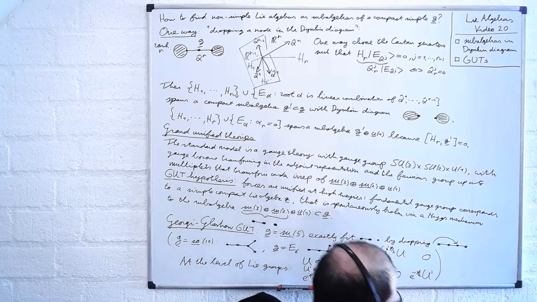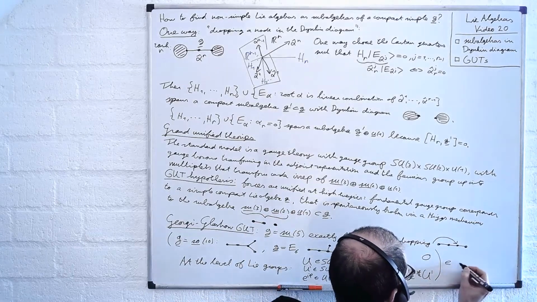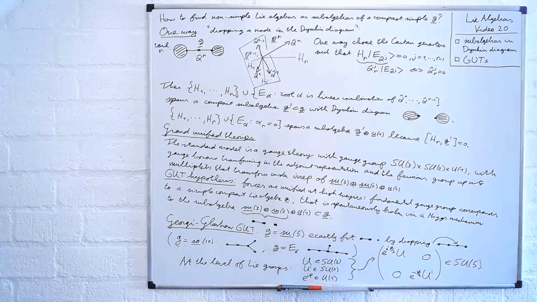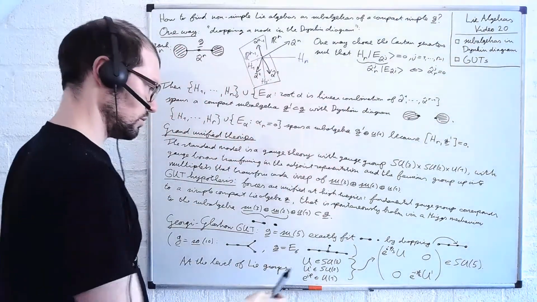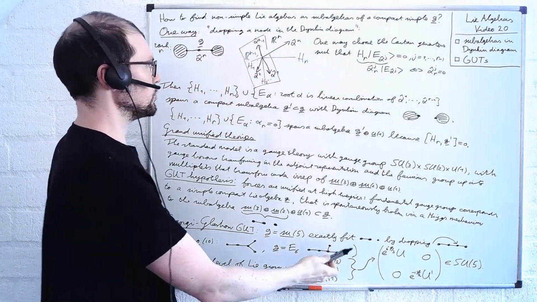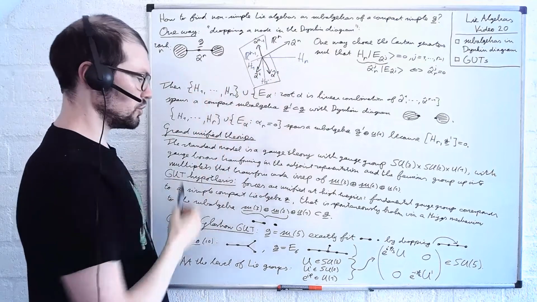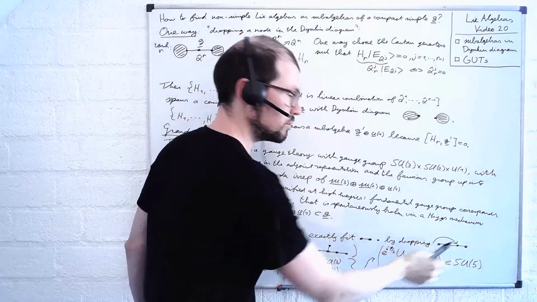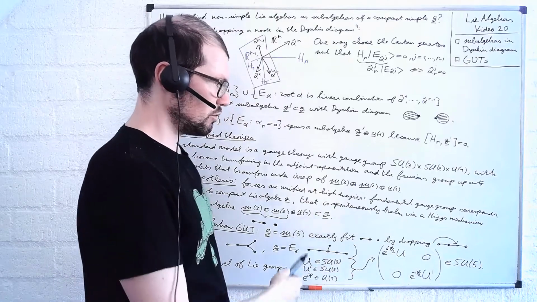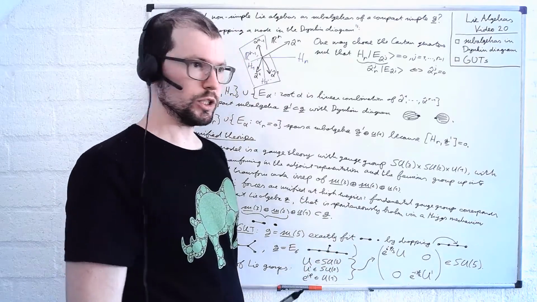So this is really in SU5. And you can check that this particular parameterization exactly corresponds to a procedure like this, where I drop the node in one place, assuming I've chosen the bases for my Cartan subalgebra appropriately.